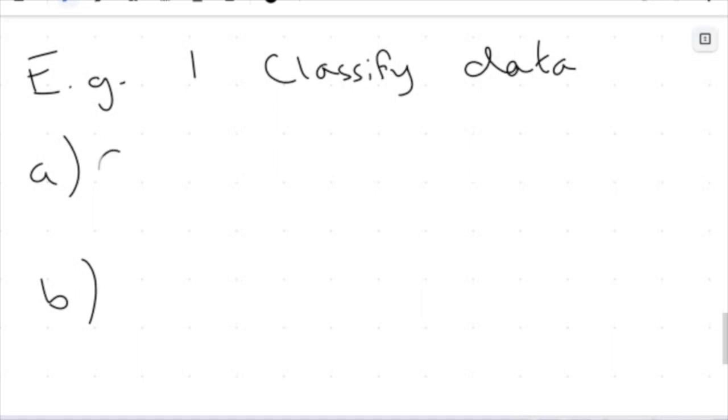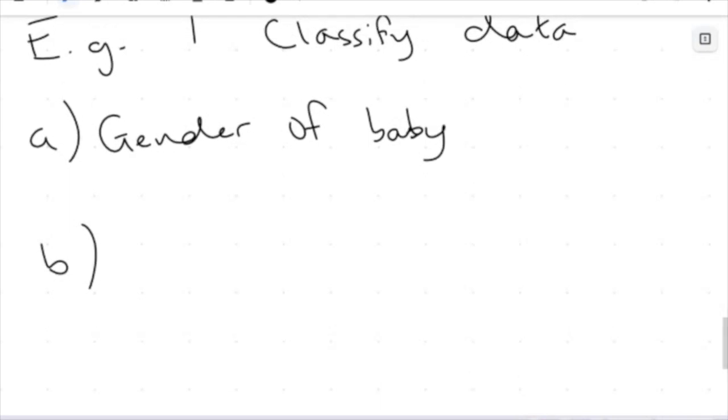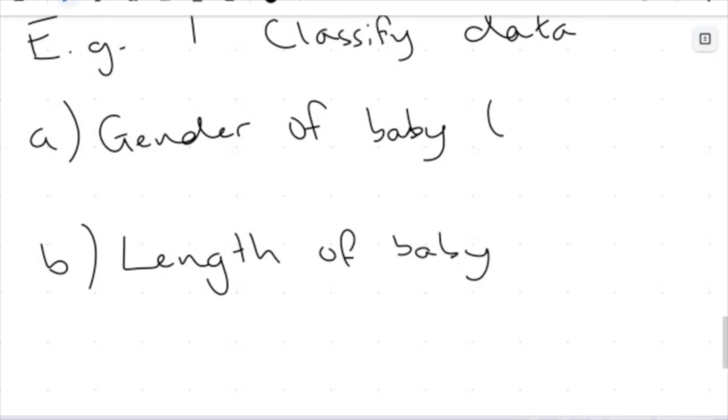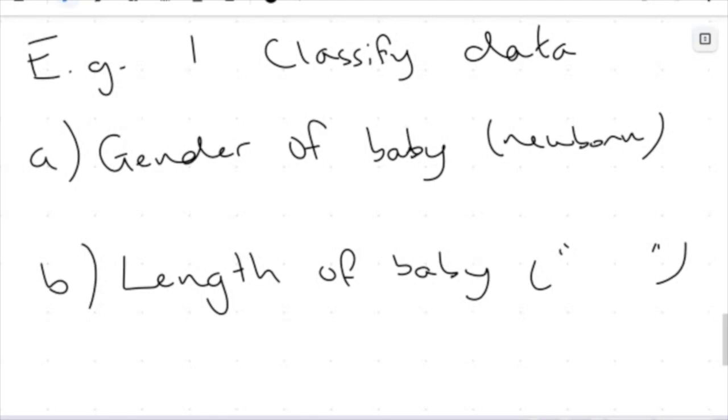One of the things, for example, will be the gender of the baby. Another thing will be, let's say, the length of a newborn baby. You've just come out of the hospital and they've recorded these different bits of data about your child. So let's think about this.